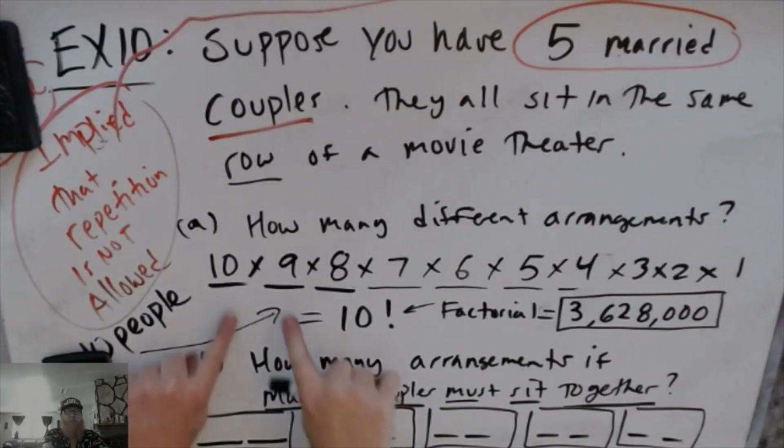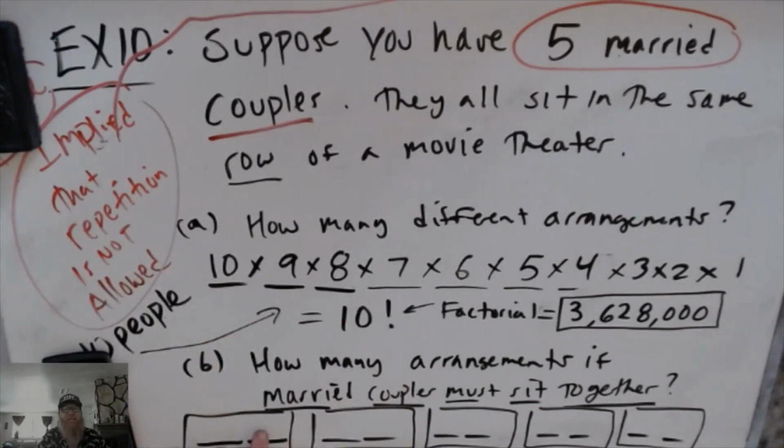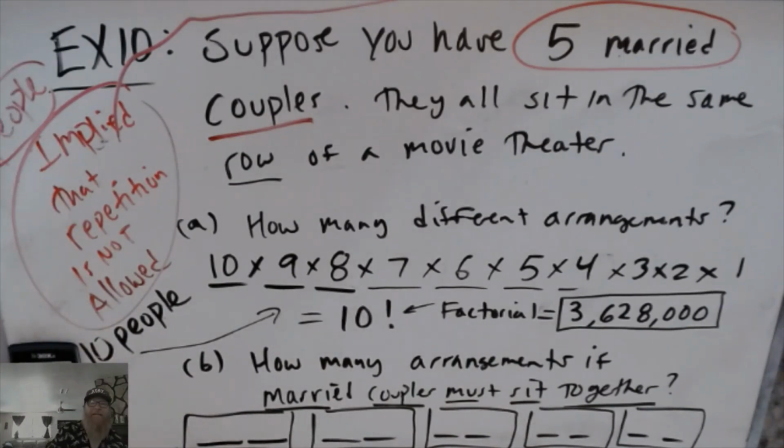So these 2 people have to sit together. They can't move around. Okay? So it's kind of like thinking about this as only being 5 people, if you think about it, right? You have 5 people, and each one of these has 2 different ways that it could go.